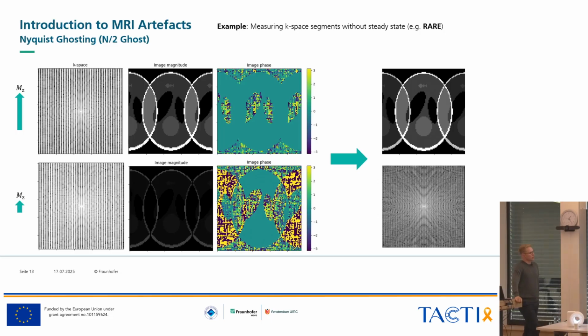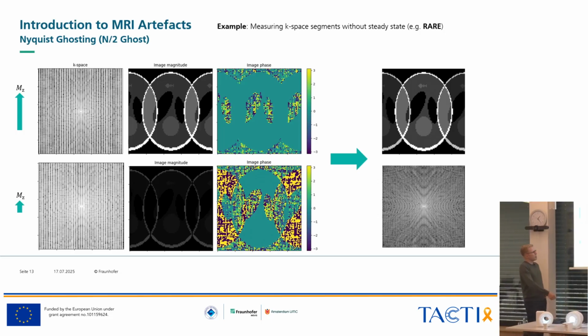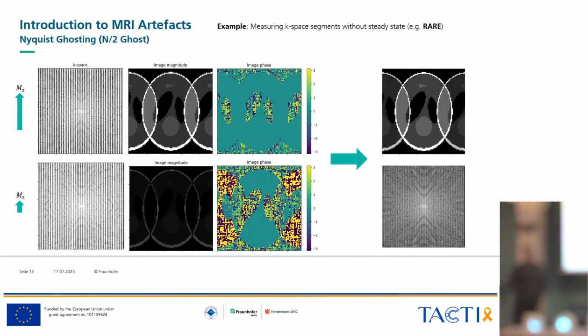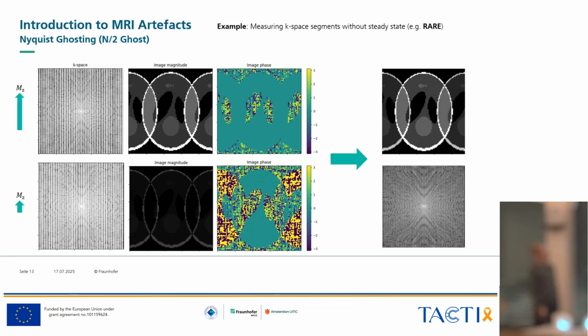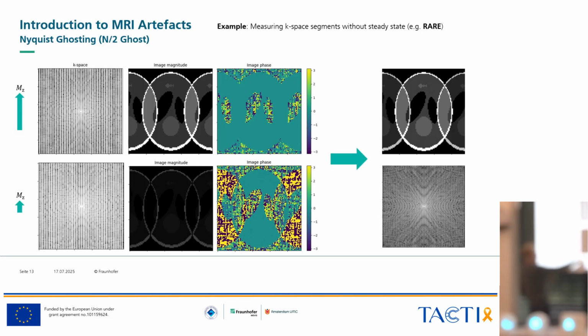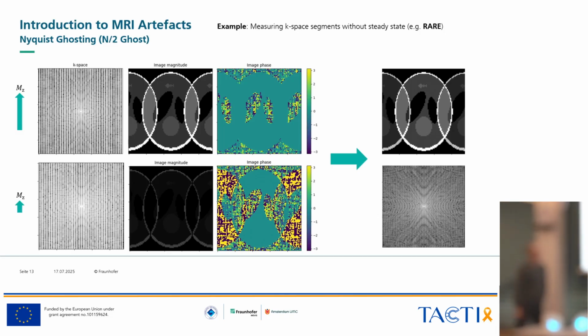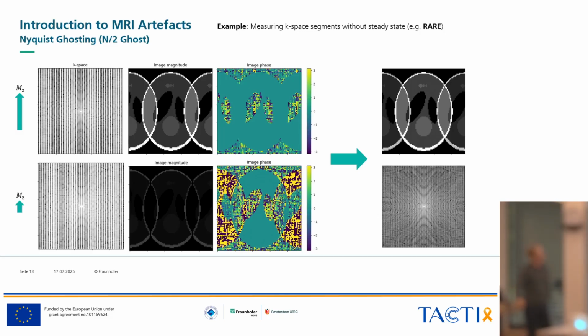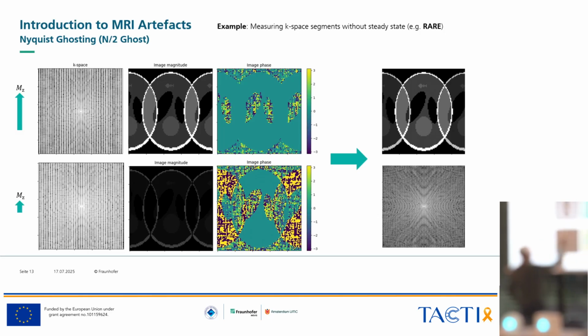If you directly acquire another image after that, you will have less magnetization available. That means you will get an image magnitude which is a bit lower than above. And if you now just add up those two, the phase stays the same, so it should cancel, but the magnitude is not the same.